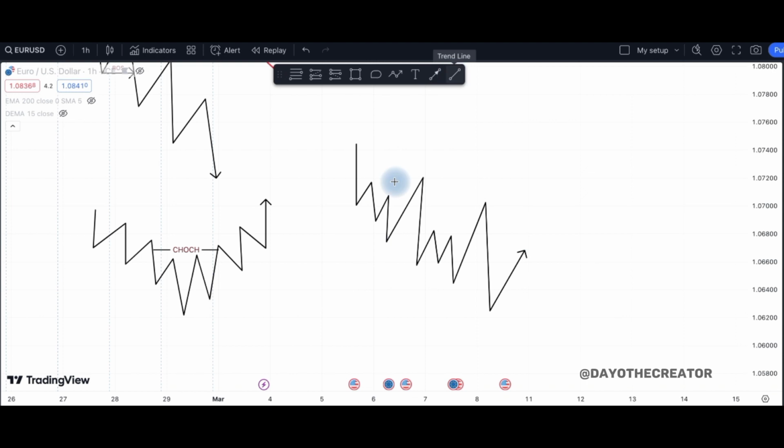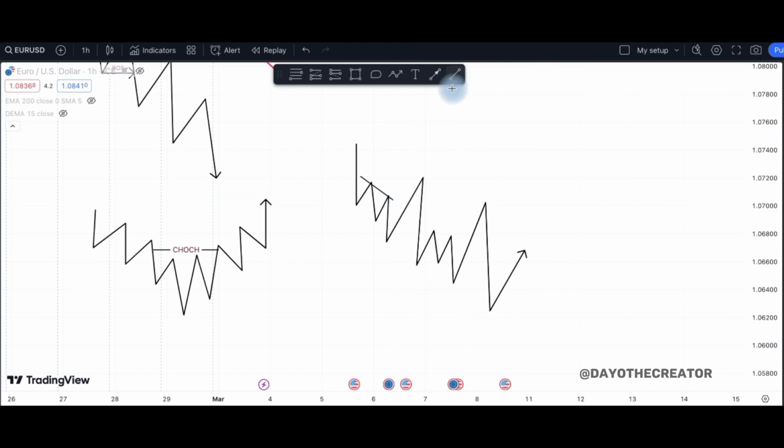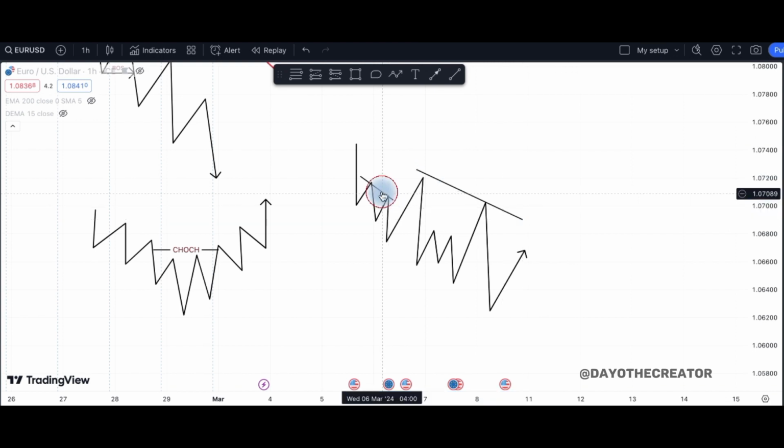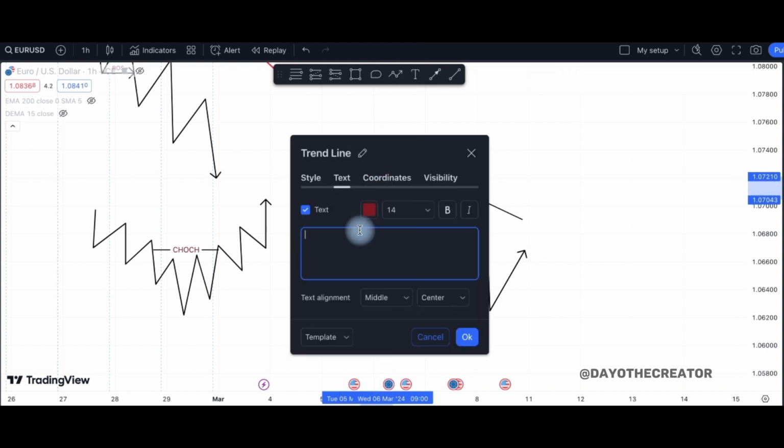So let's see. This is our internal structure. This is our external structure. You can call it ERL, or you can call it EL, whatever.